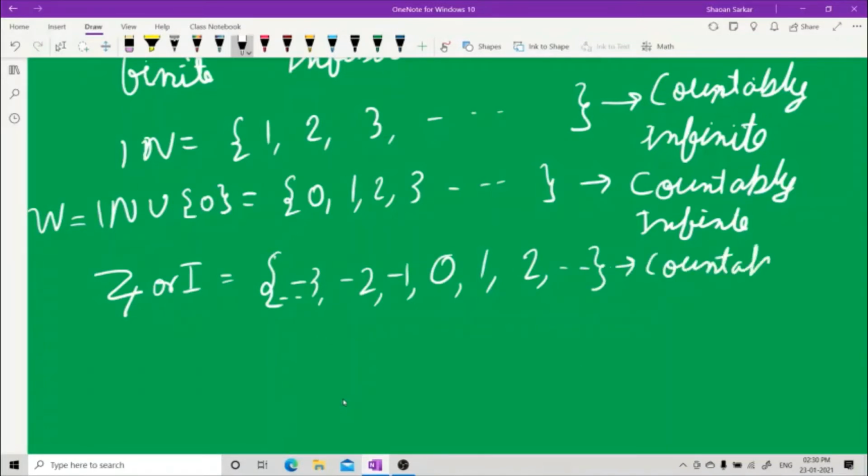A little later I'll explain what exactly countably infinite and uncountable infinite are.